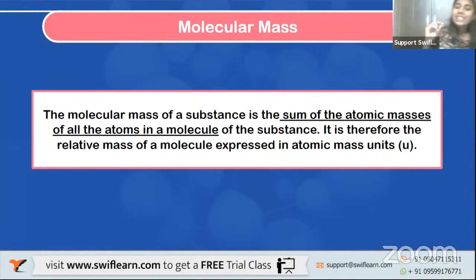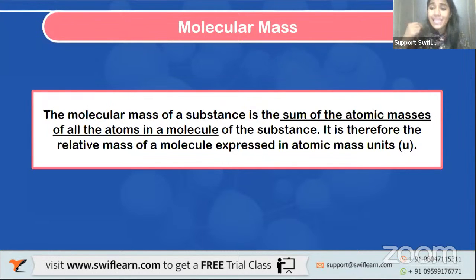So let us get back to the definition of molecular mass once again. The molecular mass of a substance is the sum of the atomic masses of all the atoms in a molecule. You take a molecule, add the masses of all the atoms, and you get the total molecular mass.